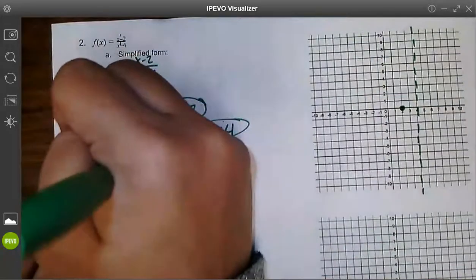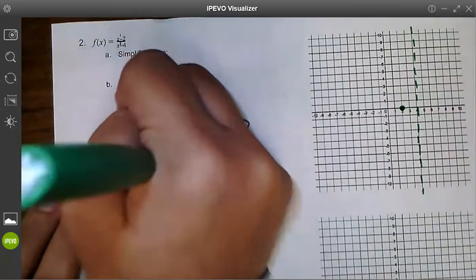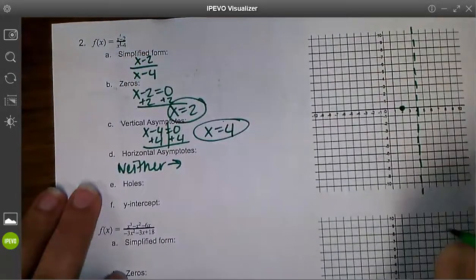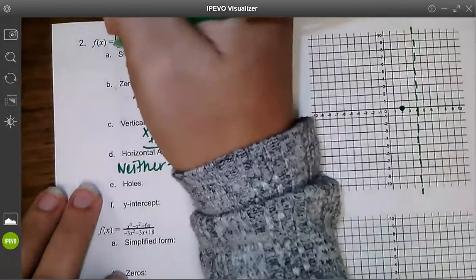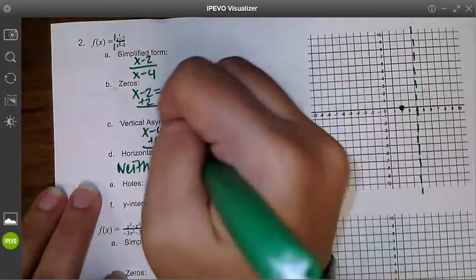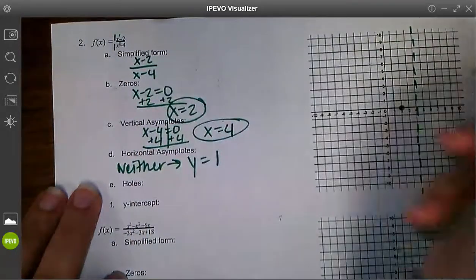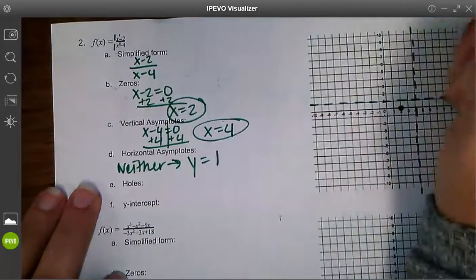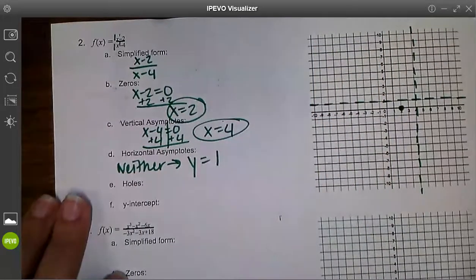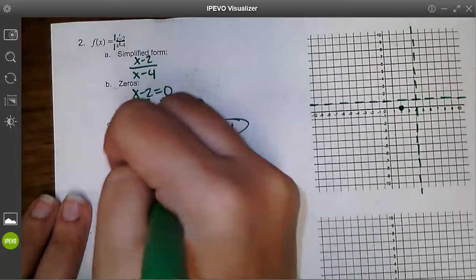They're the same. So that means I have an asymptote at the ratio of my leading coefficients. My leading coefficient is 1 over 1, which is 1.